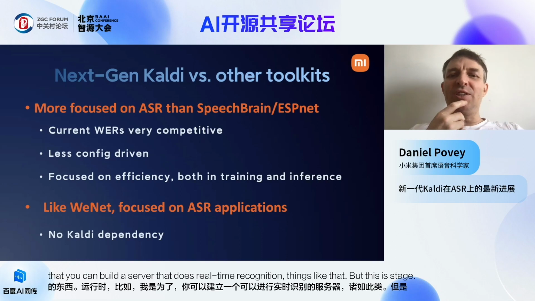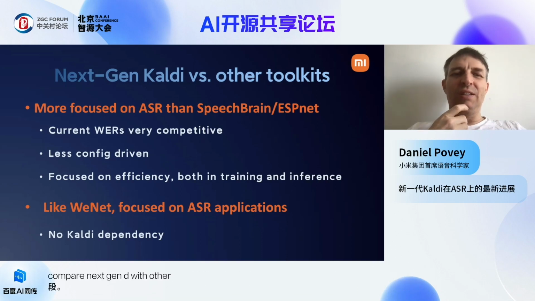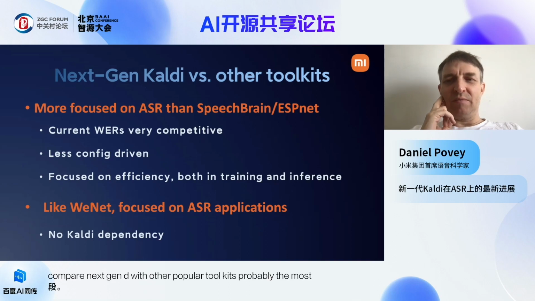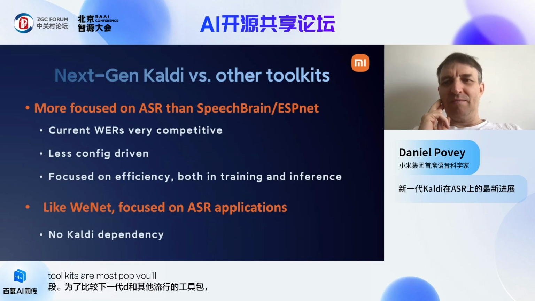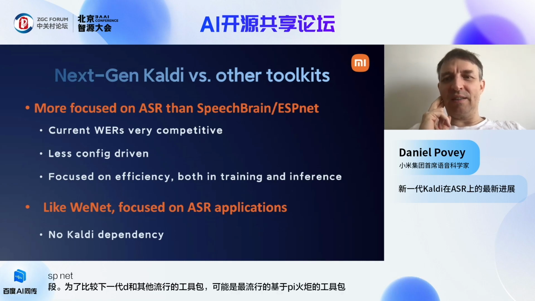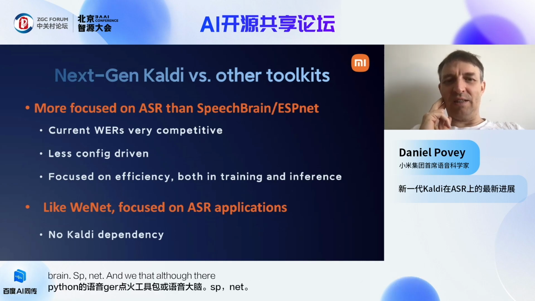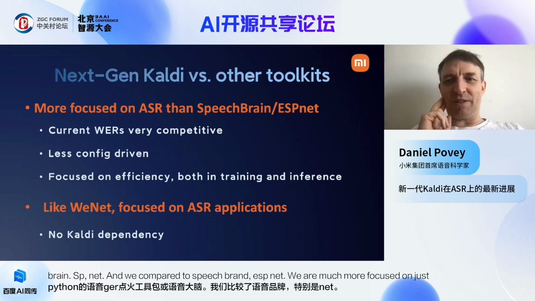To compare Next-Gen Kaldi with other popular toolkits, probably the most popular Python-based toolkits for speech recognition right now are SpeechBrain, ESPNet, and WeNet, although there are others. Compared to SpeechBrain and ESPNet, we're much more focused on just speech recognition.